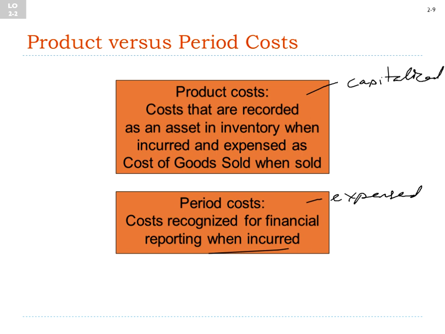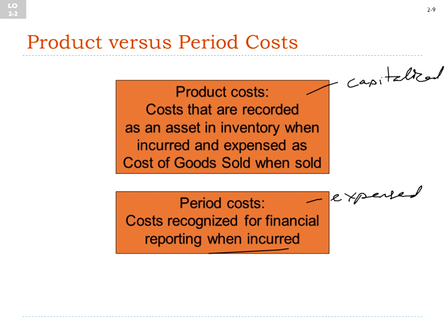Now, some people at this point might ask, what's the big deal? You're going to get to deduct a cost in the long run anyway. Either you deduct it now or you deduct it when you sell it, but you get a deduction anyway.